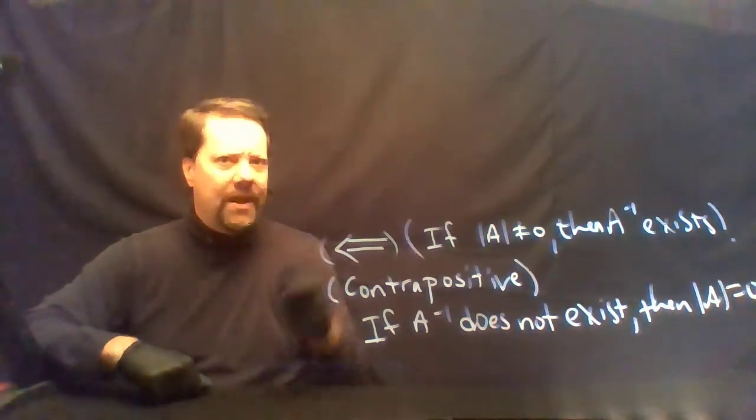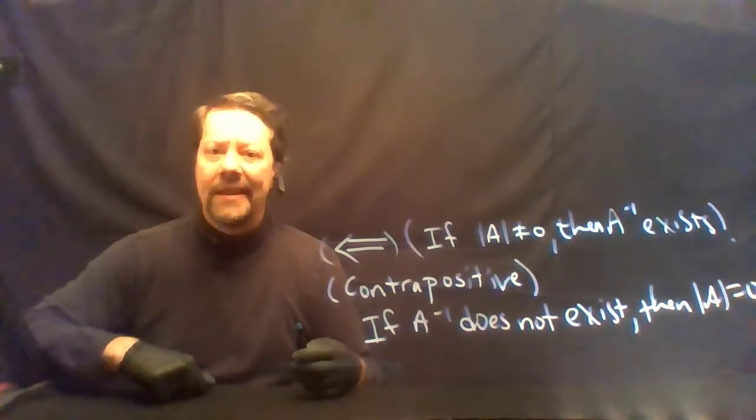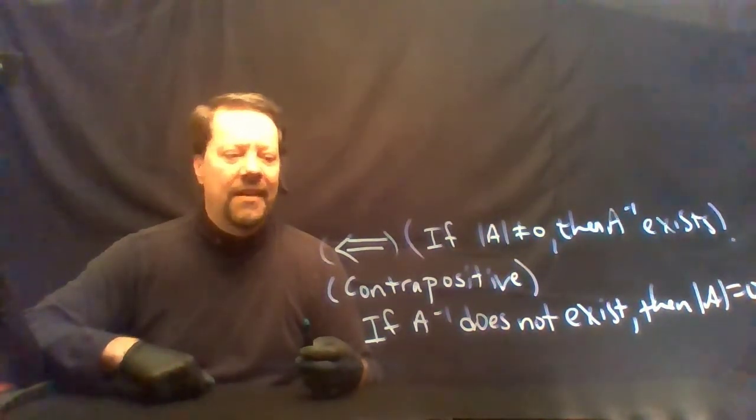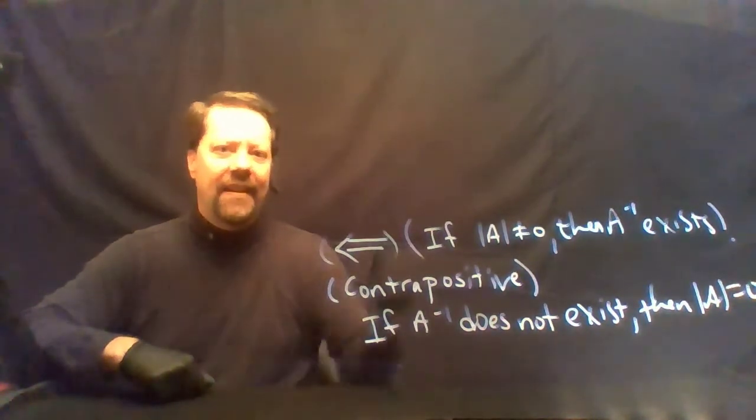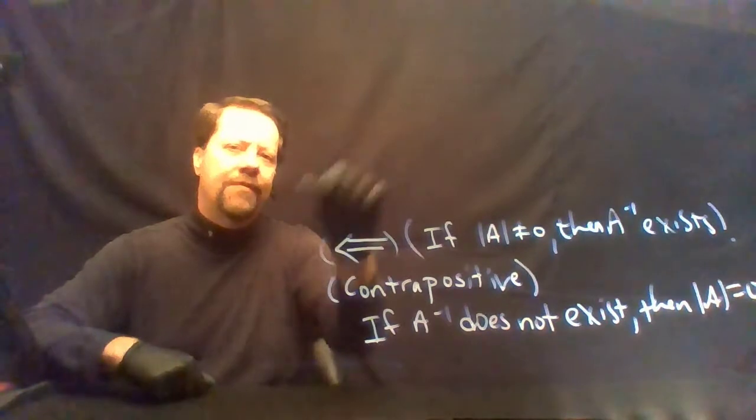Now, we know something about the calculation of A inverse, and when it exists, and when it doesn't. If A inverse doesn't exist, then in that process of trying to find A inverse, you end up with a row of zeros.